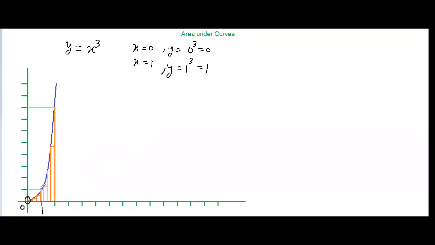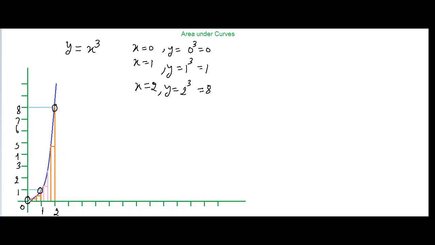So I have this point 1 comma 1. When I take x equal to 2, y is equal to 2 cube, that is 8. So we have this point 2 comma 8. So 2 comma 8, this point. I have made a curve passing through these 3 points.